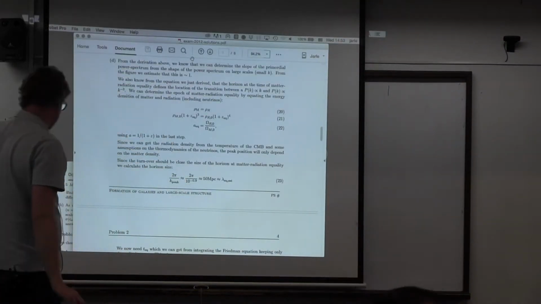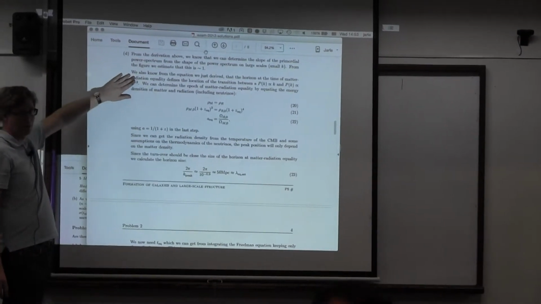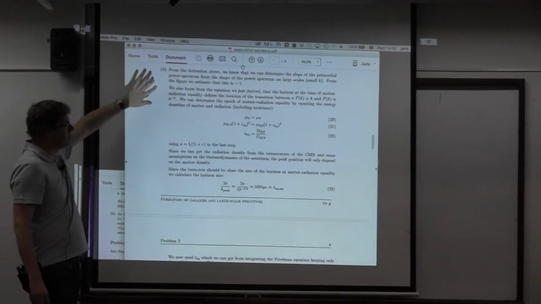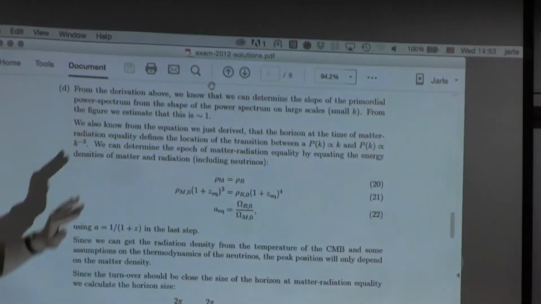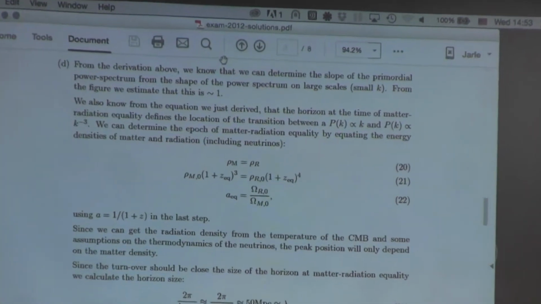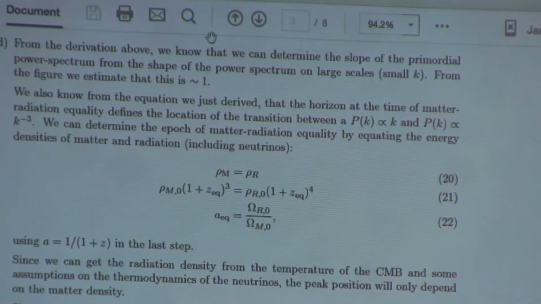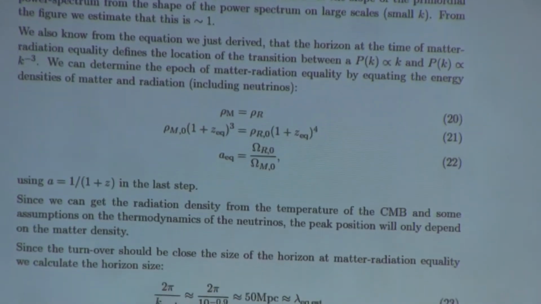Okay. So this is how I would expect the solution to be. And so the horizon, right? The horizon was where the power spectrum changed slope, corresponding to the horizon at matter radiation equality.